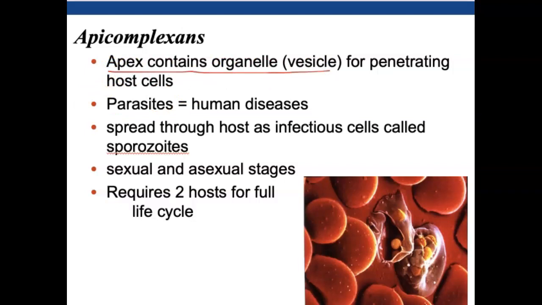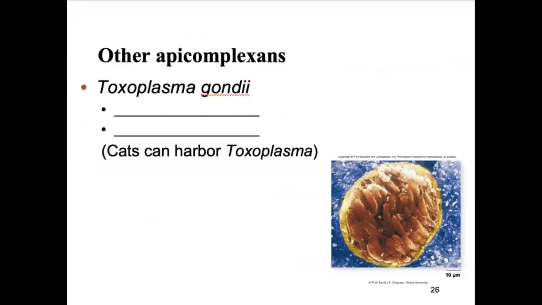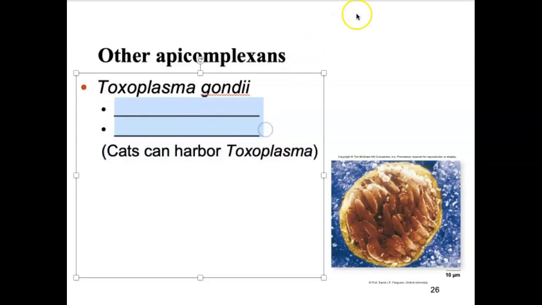All right. Okay, last bit on apicomplexans, just kind of a quick overview of a few others. Something that you may come across, there is an apicomplexan called Toxoplasma gondii. These are of significant concern.